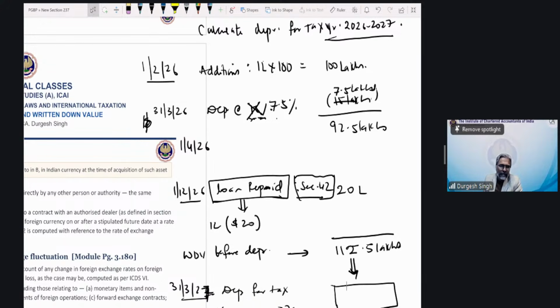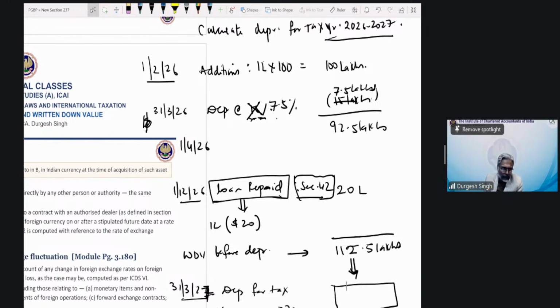Point number one. The asset is purchased during the tax year.